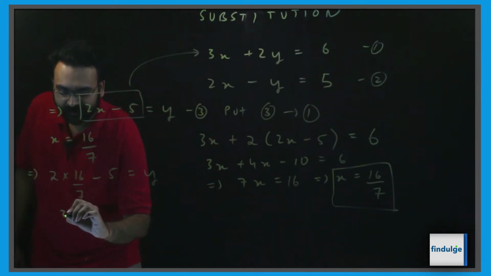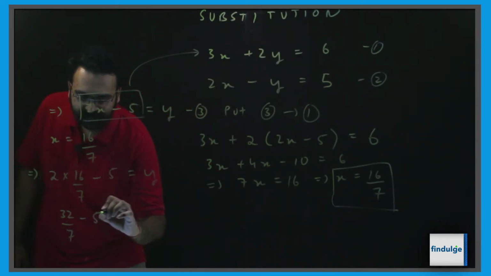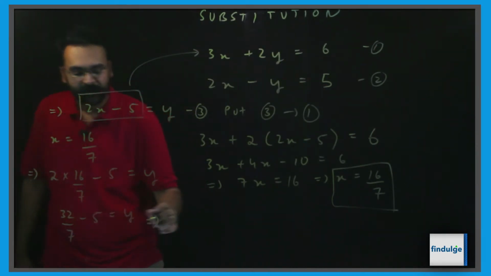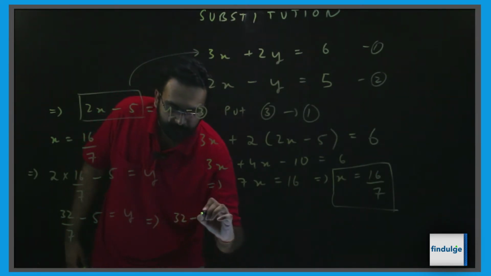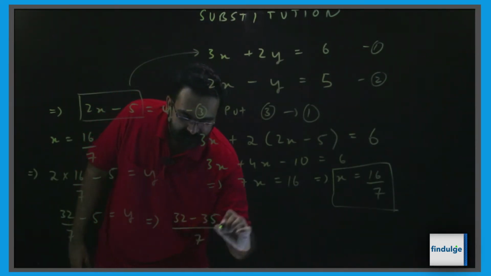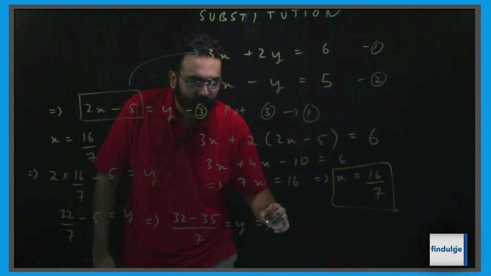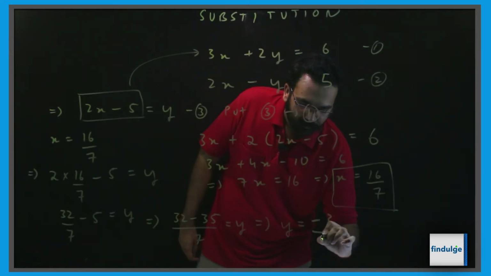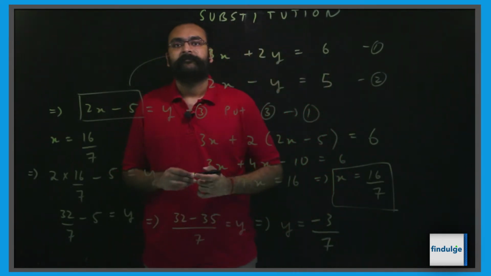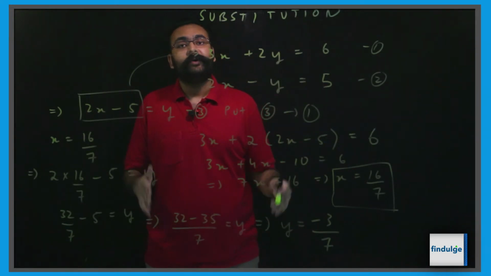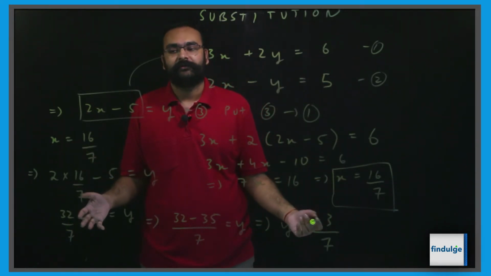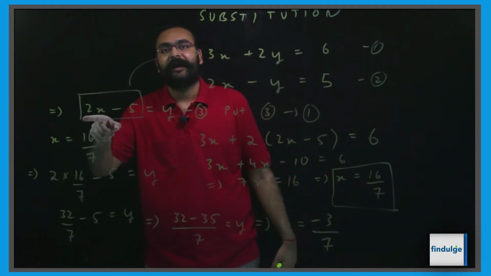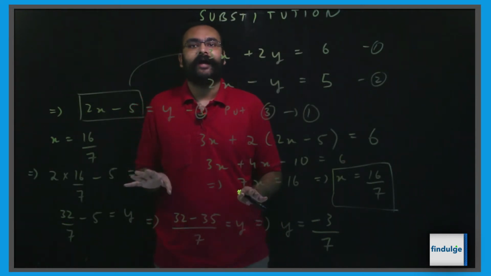This is nothing but 32 upon 7 minus 5 equal to y, which implies LCM is 7. 32 minus 35 upon 7 is the value of y, or y comes out to be nothing but negative 3 upon 7. And in this way, we have solved the linear equation. We have got our value of x, and then from our value of x, we got the value of y.